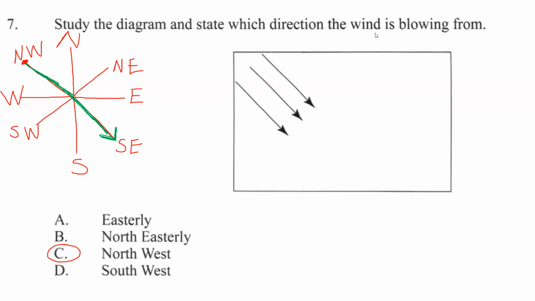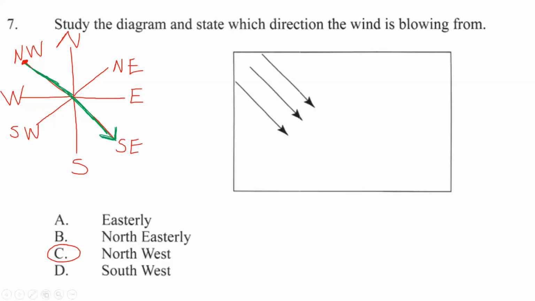Read this question, please, number 7. Study the diagram and state which direction the wind is blowing from. A, easterly, B, northeasterly, C, northwest, and D, southwest. What's the answer?